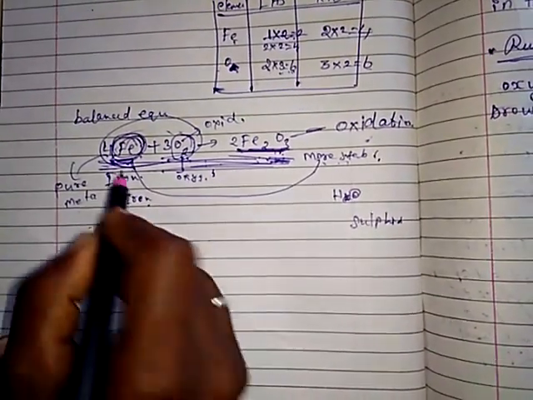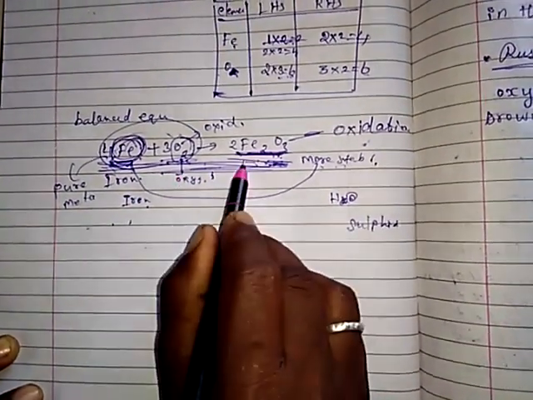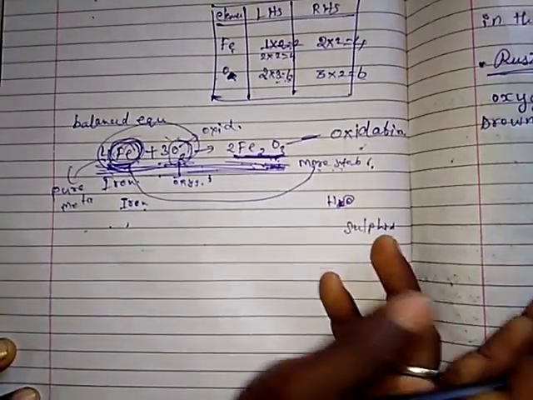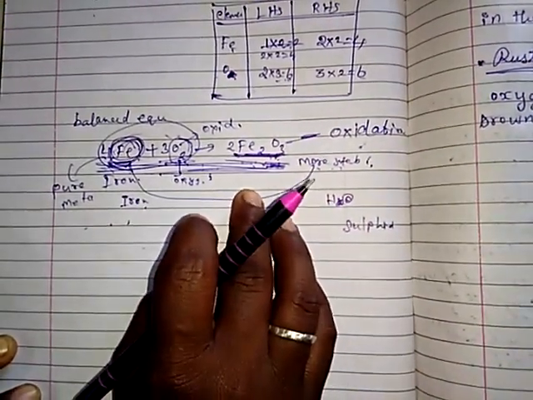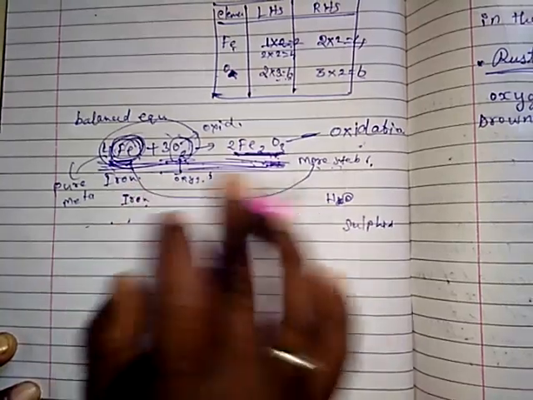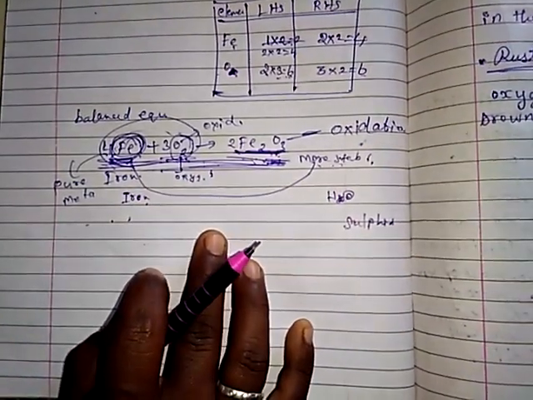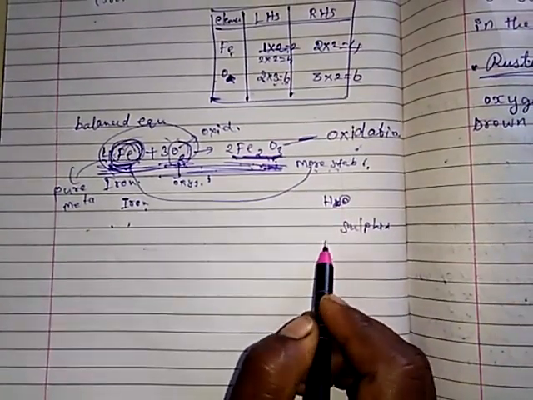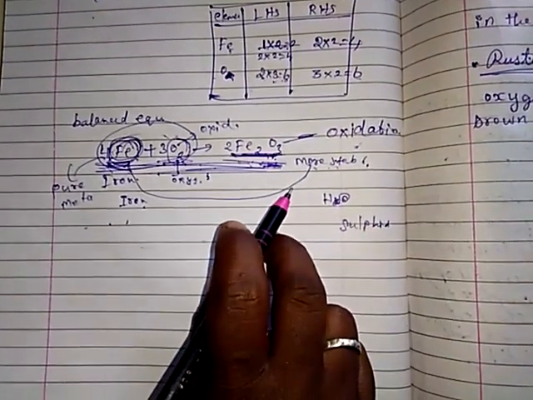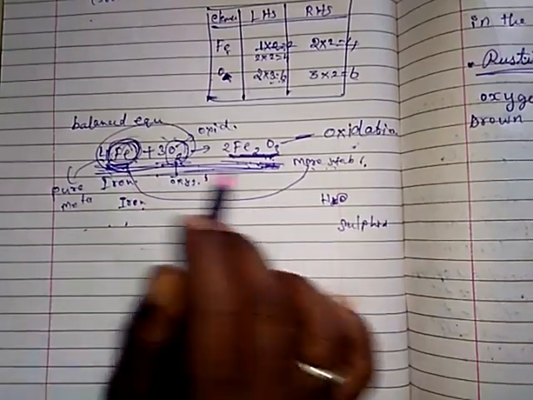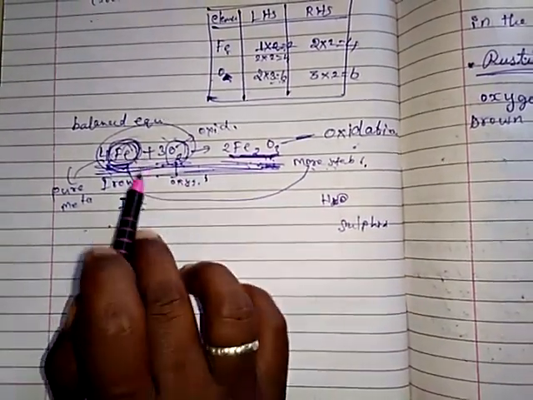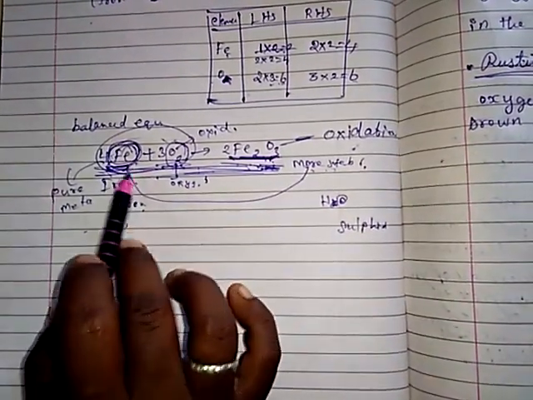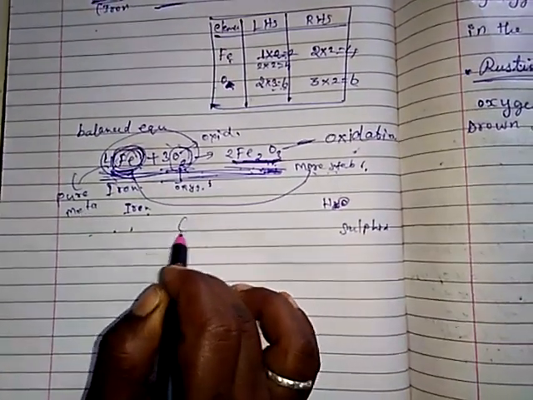So refined metal is converted into oxide, hydroxide, or sulfide by chemical reaction, sometimes electrochemical reaction. Oxygen or H2S, hydrogen sulfide, or other components of the atmosphere are responsible for reacting with the metal. This type of reaction is known as corrosion.